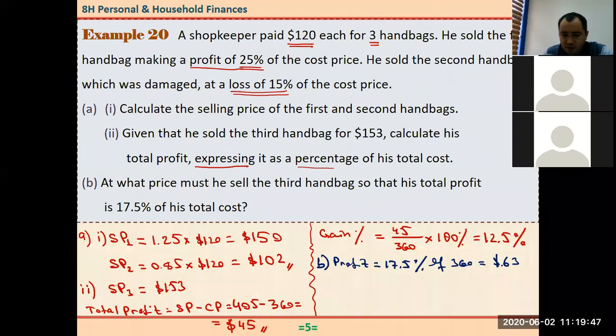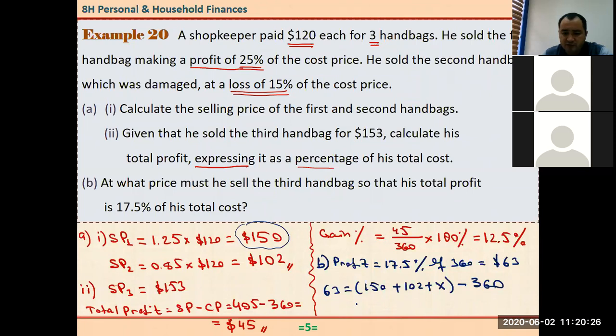To make this profit, we know the profit equals selling price minus cost price. The selling price: the first one is 150, the second one is 102, and the third one I don't know, because we don't know at what price he must sell the third handbag. So let's say that price is X dollars, minus cost price, which is $360.